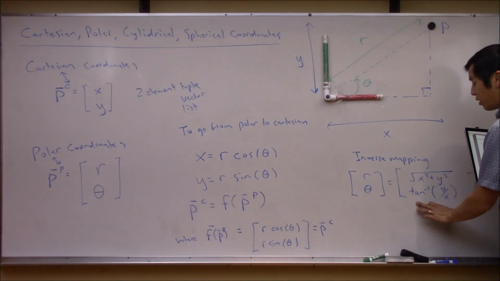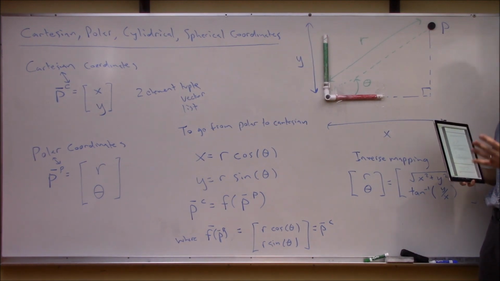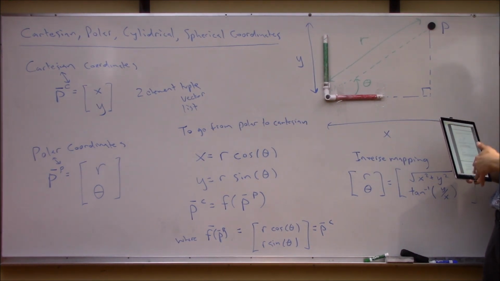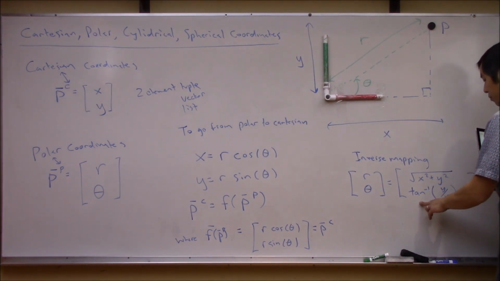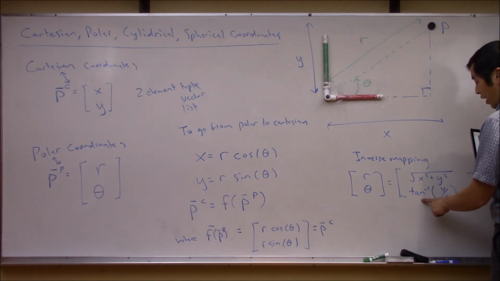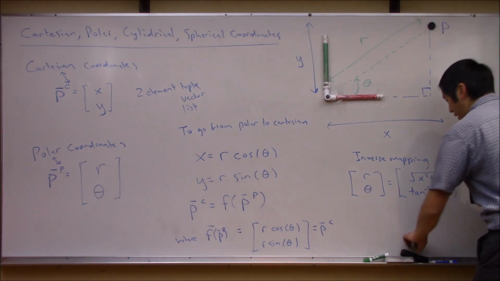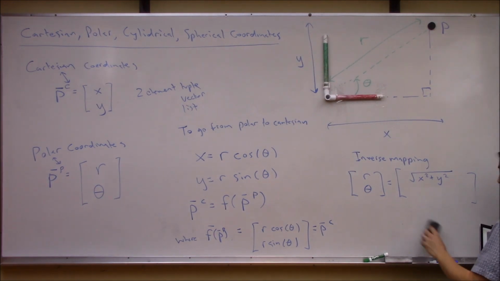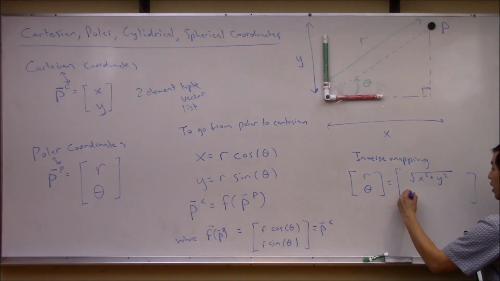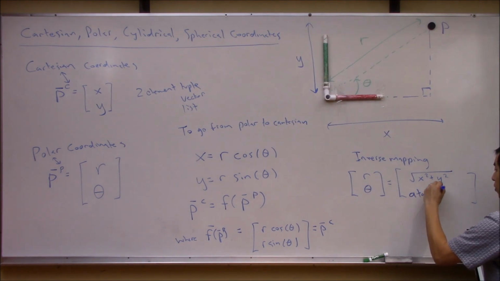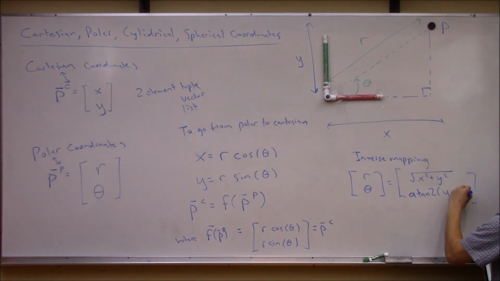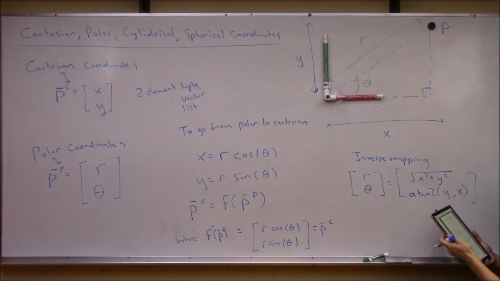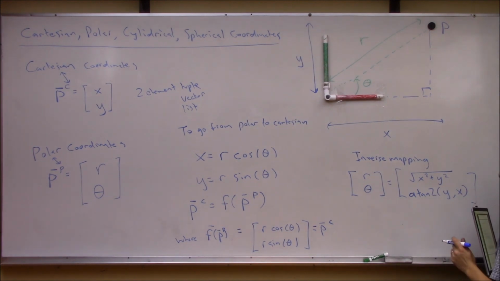So this usually only returns values between positive pi and minus pi, right? So the issue here is we can't just use a normal inverse tangent. In order to make sure this is correct, you actually have to use a 4-quadrant inverse tangent, or atan2, of y comma x, right?